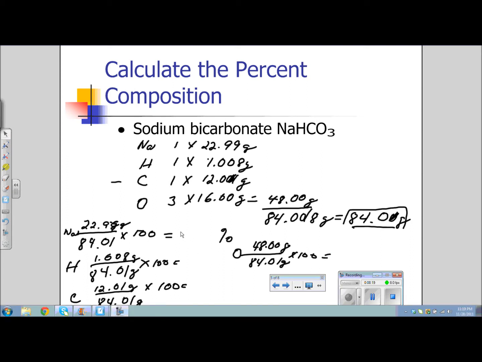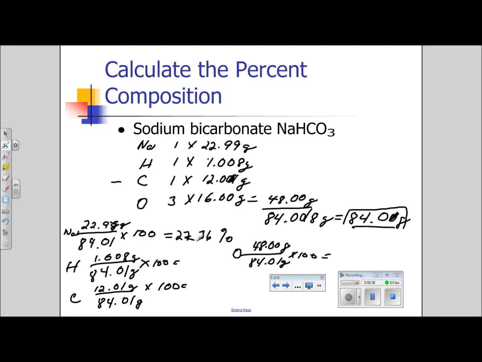So here I end up with 27.36%, that's 27.36% of nitrogen. I'm sorry, of sodium. 1.20% of, what's a 1.20% of hydrogen. This is sodium.